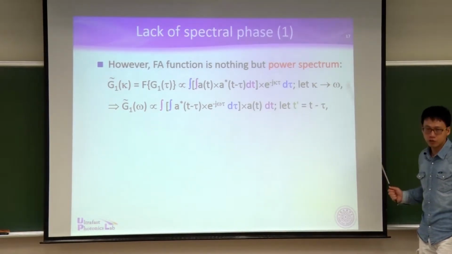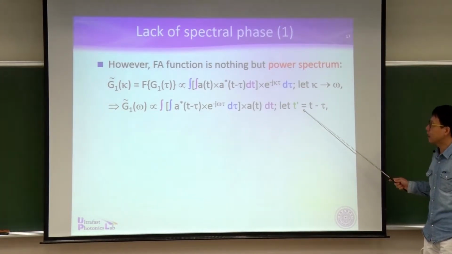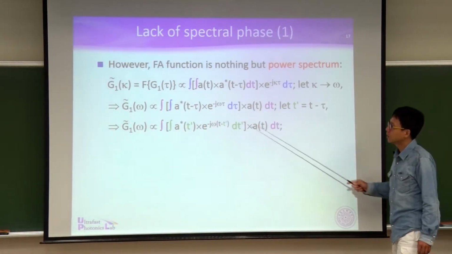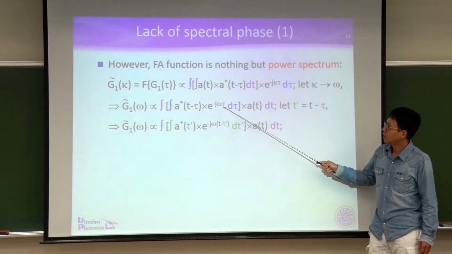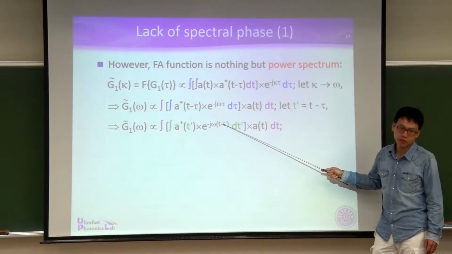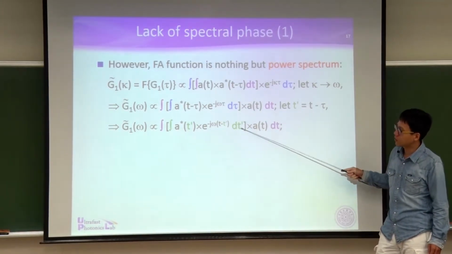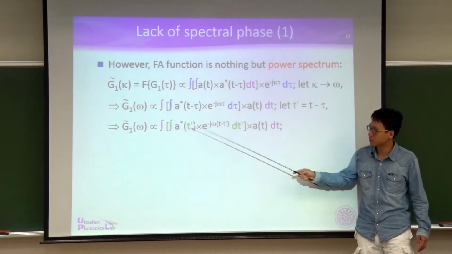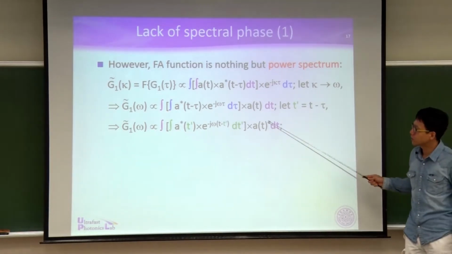Now we change the variable again, assuming a new variable t prime as t minus tau. Okay. So what happens? T minus tau becomes t prime. Tau becomes t minus t prime. Okay. D tau actually becomes minus dt prime, but the minus sign doesn't matter because we have a proportional symbol here. Okay. So that's it.